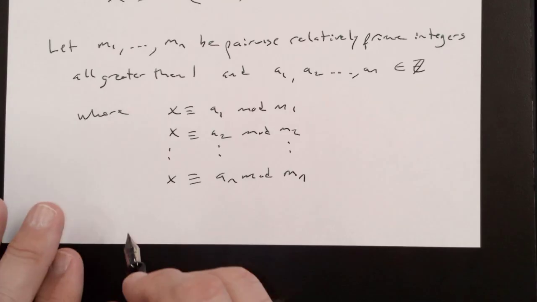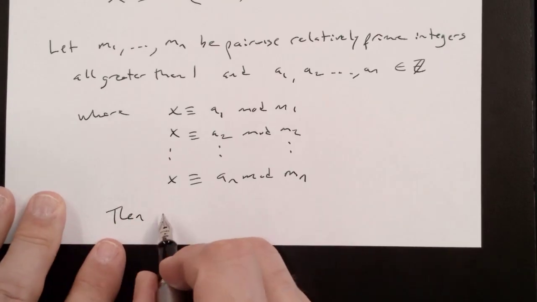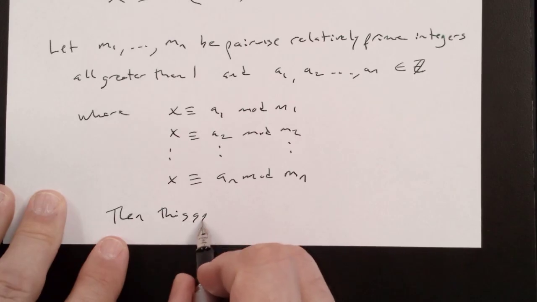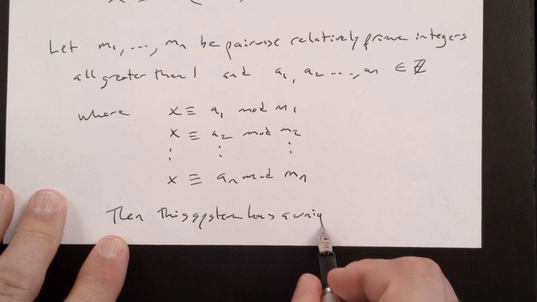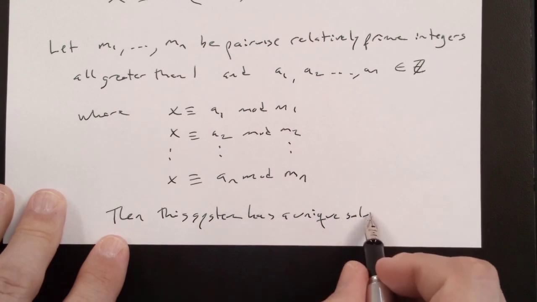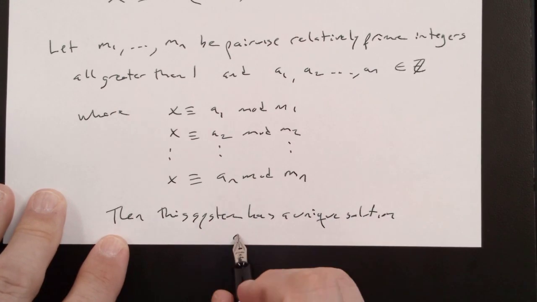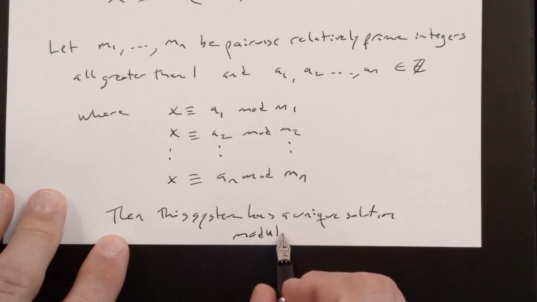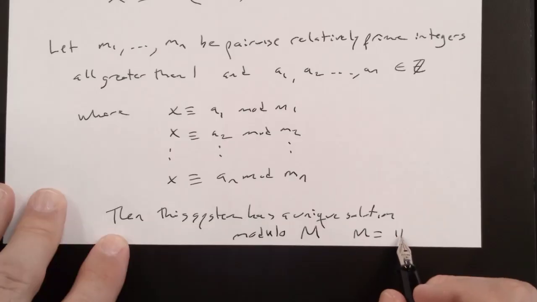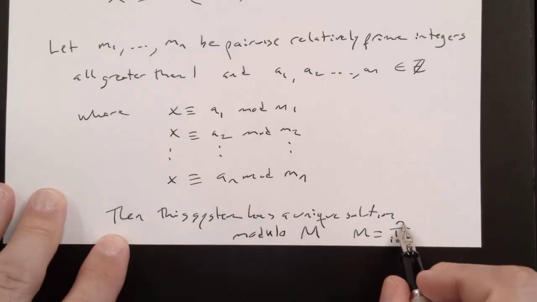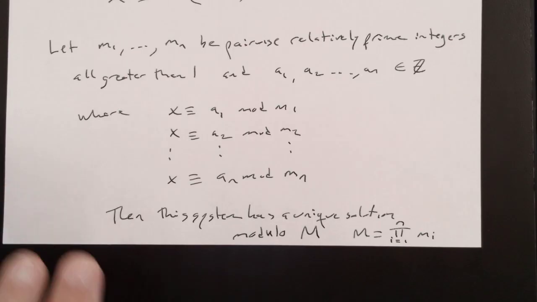Then this system has a unique solution modulo capital M. M is the product, i equals 1 to n, of little m.